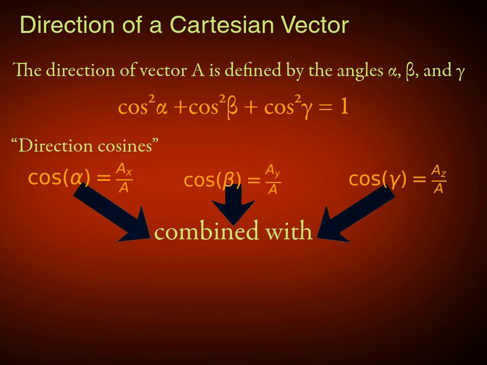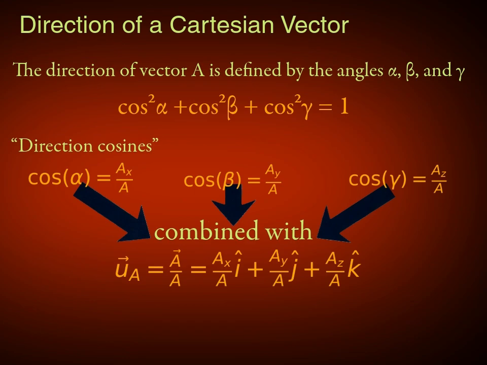Finally, the resultant unit vector can be derived from the coordinate direction angles and the unit vector. First, the formula for finding the unit vector of any position vector is given as, and this is in terms of A, Ax times i caret plus Ay times j caret plus Az times k caret.